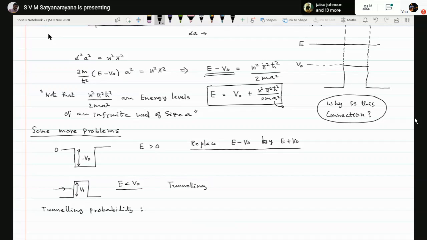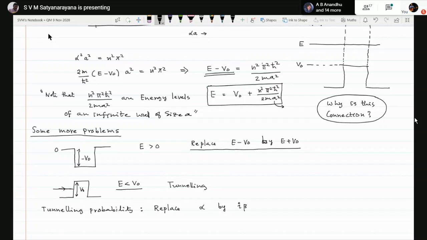So let's say you replace alpha by some I times, if you want to call it, I times beta. Why?